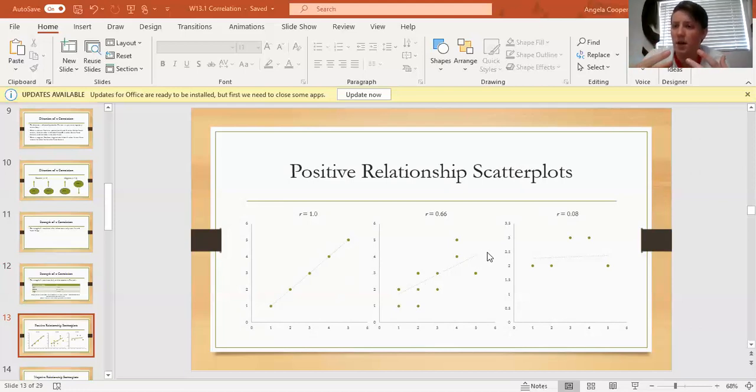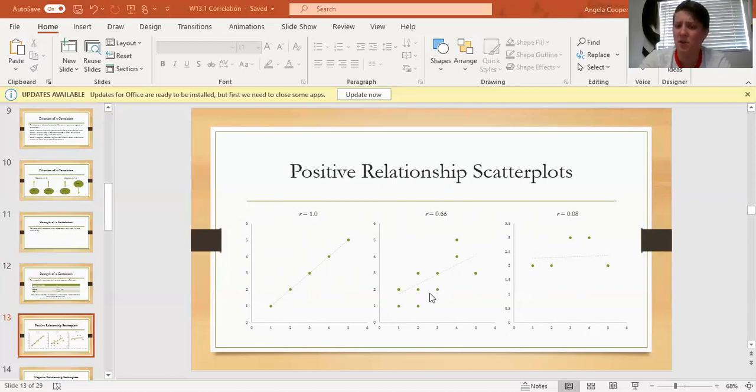We'll discuss this more with linear regression, but essentially the line is just trying to get as close to all of the data points as possible. So with r at 0.66, they're not all on that line perfectly like they were for 1.0.